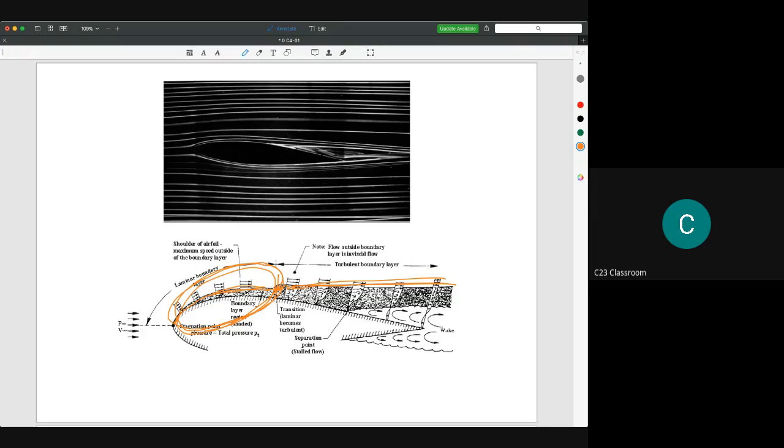Then we will go to the turbulent boundary layer, and we will try to estimate the separation point. The separation point here will create a wake.